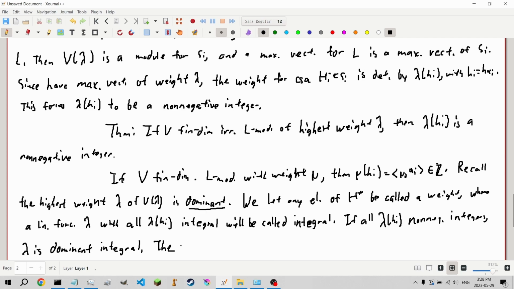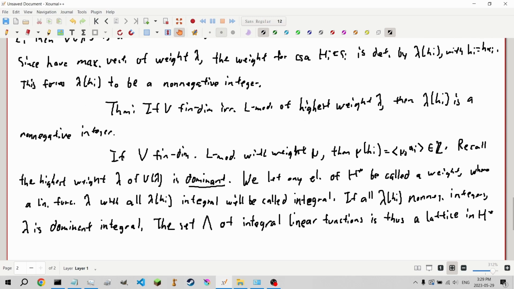Which gives us that the set capital lambda of all integral linear functions is thus a lattice in h star, or as we saw it before, in the real Euclidean space generated by the roots.